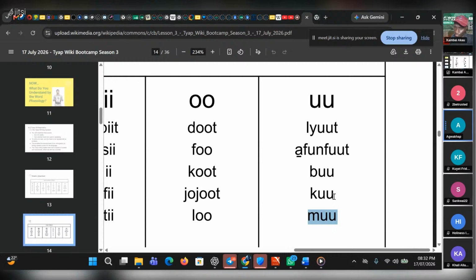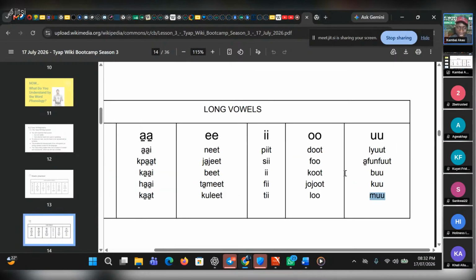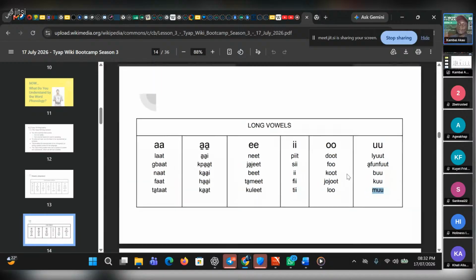Boo is boo. We have another one, the name of boo, Mabu. Yes, Mabu. So this one is the one for antelope. Pardon my pronunciation.